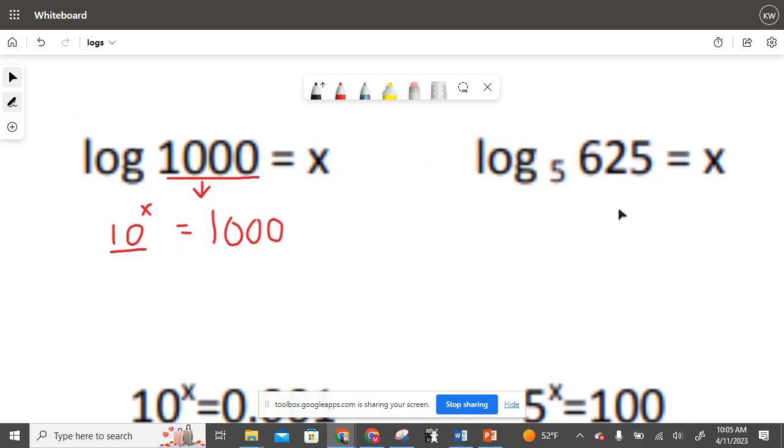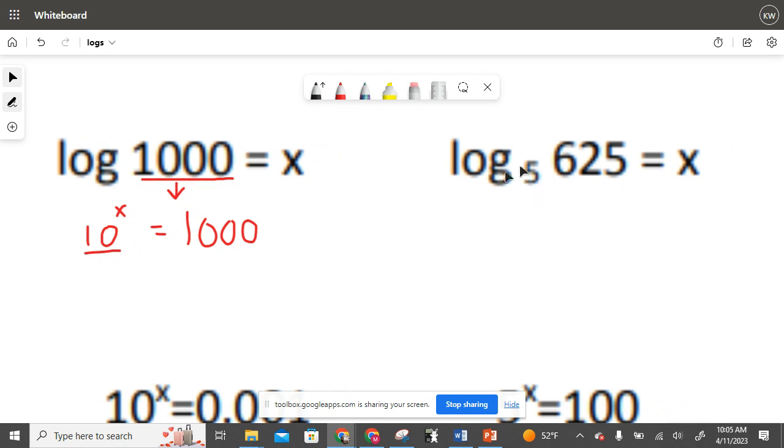All right, over here next to it, we got the log of 5 with 625 equals x. Our x here, that's our power. Our base is our small number, 5. And this equals 625.